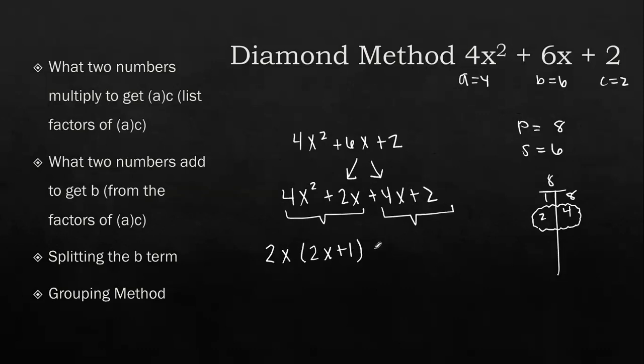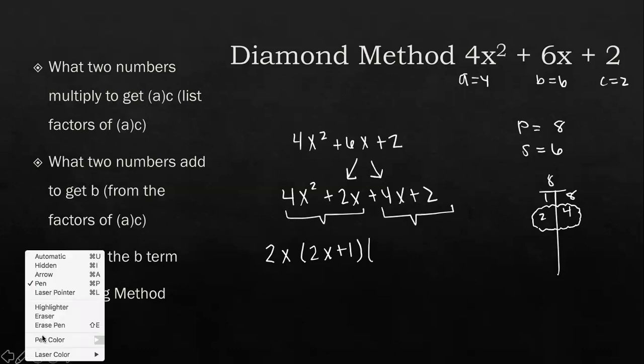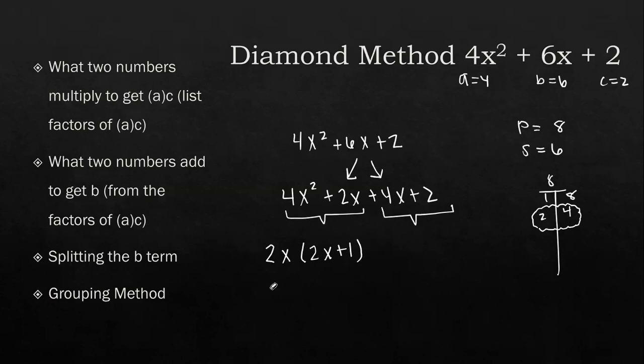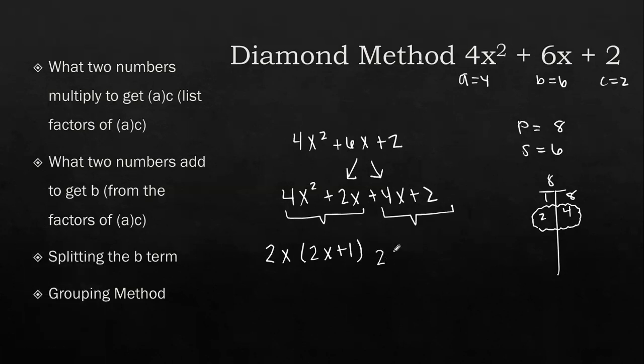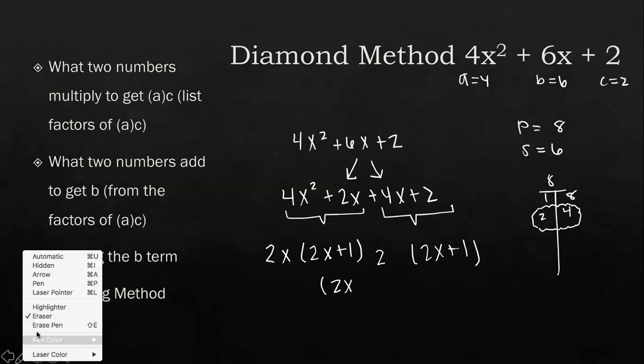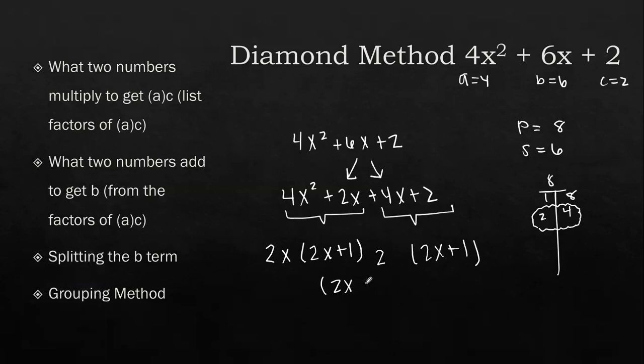And the greatest common factor here is also 2, so that would give me 2x plus 1. Why did I put 2x right here? It's just 2, my bad. So that gave me 2x plus 2 and 2x plus 1.